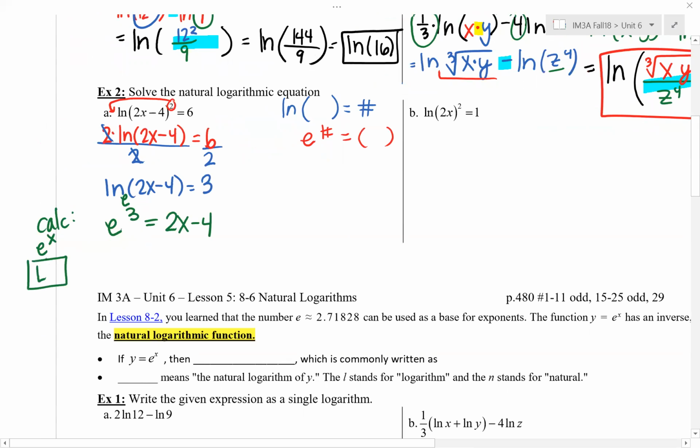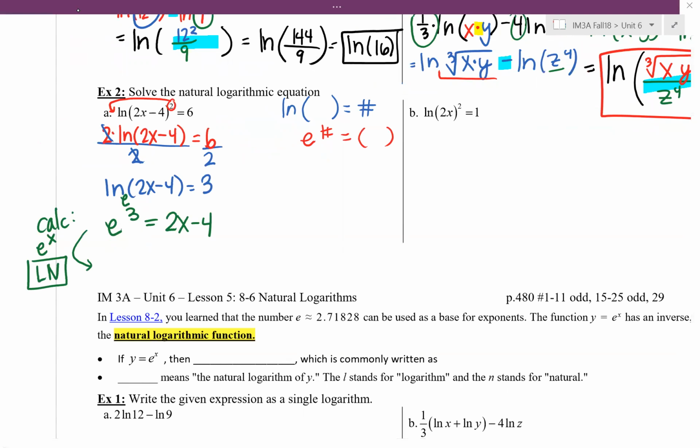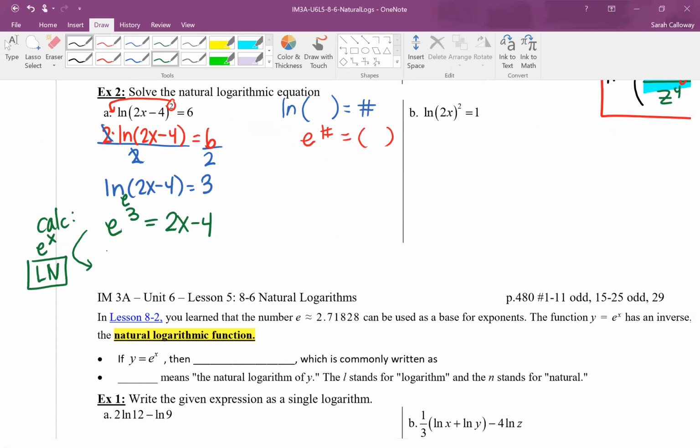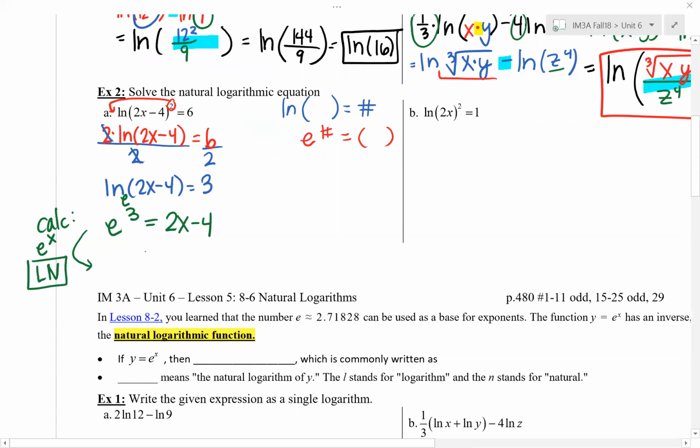Usually it's above the button that says ln on it, so you might have to hit second ln or shift ln to get there. If I calculate e to the 3rd power, I'm going to get the value 20.086. And that's equal to my 2x minus 4.